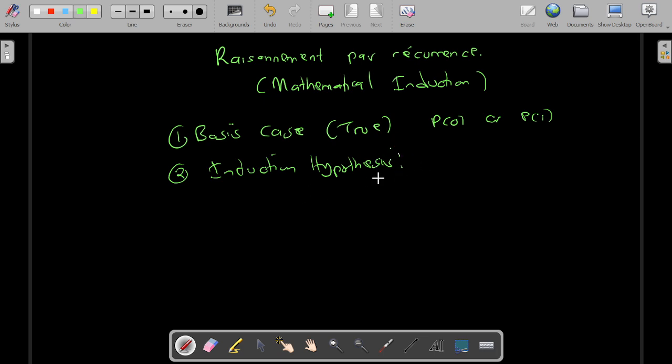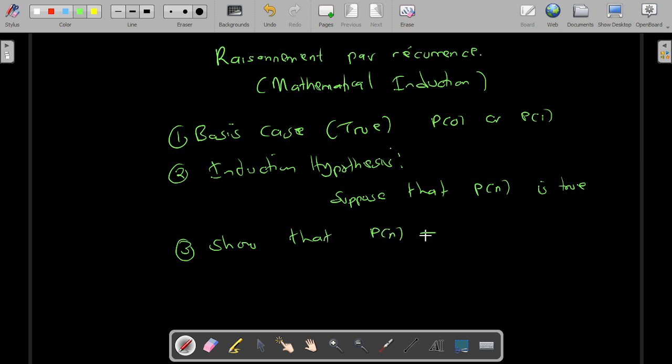In the induction hypothesis, we have to suppose that P of n is true. Then in the third step, we have to show that P of n implies P of n plus 1. Now, this is going to be our mathematical induction.